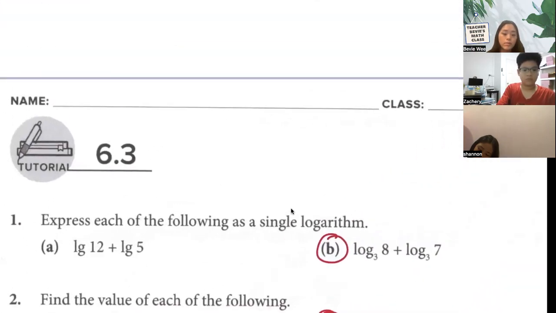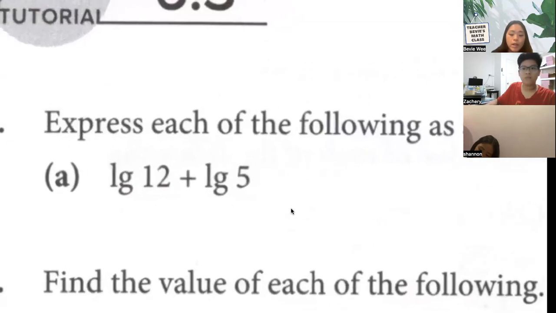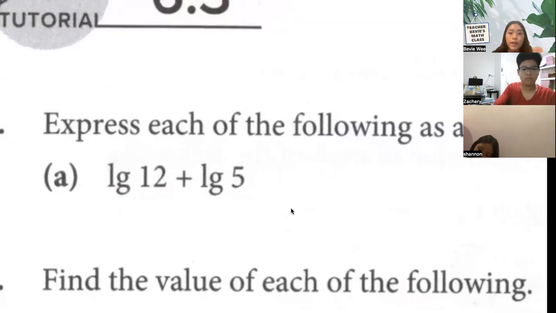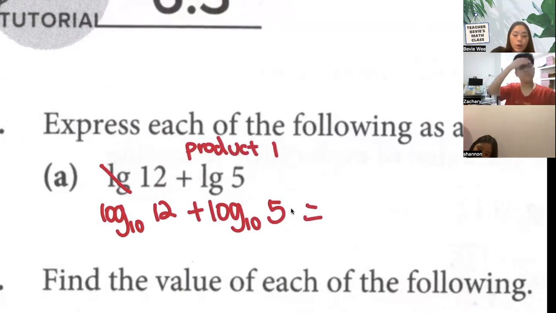Okay, very simple. Basically, this is just to use those 3 laws over there. Log 12 plus log 5. LG means, if you are not comfortable with this, log base 10, 12 plus log base 10, 5. You must make sure that your base is exactly the same. And in this case, yes, it is. So this is what? Product law, right?